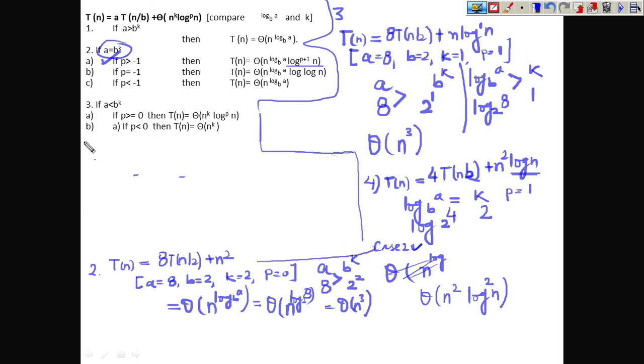So let's say my question is T of n is equal to 2T of n by 2 plus n by log n.